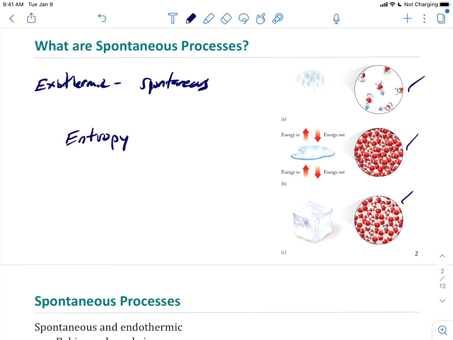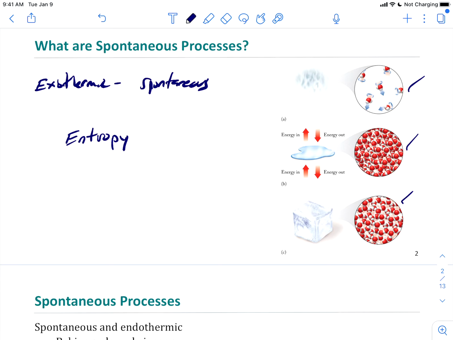And that's the other half of the story that explains why certain things that you might think wouldn't be spontaneous are spontaneous, because the energy released in a chemical reaction is only part of the story. There's two types of energy. There's the energy of, if you will, the substances, but then there's the energy of motion and position. And that's really what entropy is.